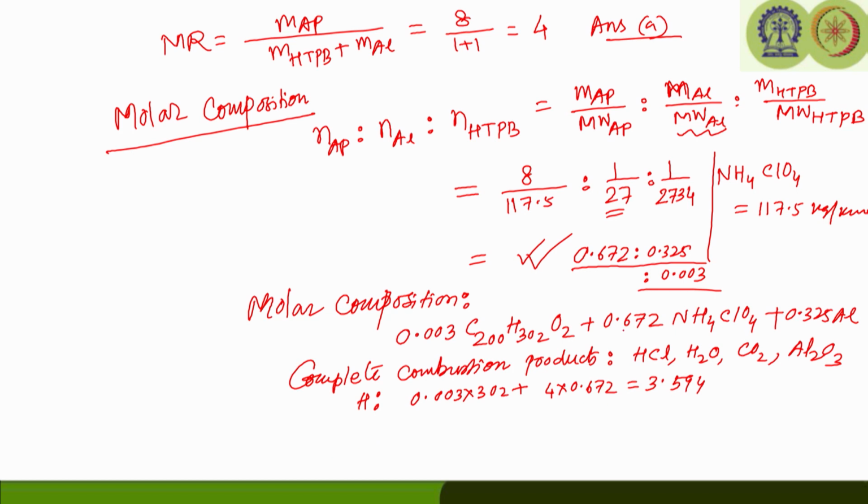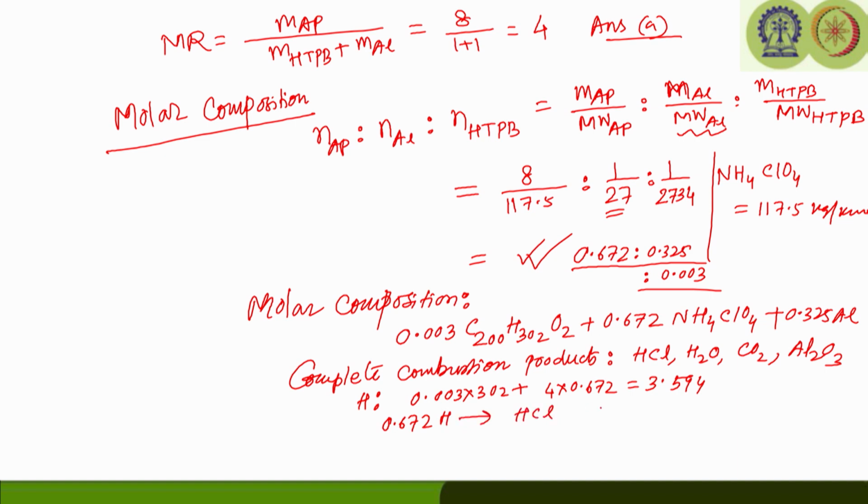Now, out of this 0.672 will be oxidized to form HCl, because you remember there is 0.672 chlorine atom is there. So, 0.672 hydrogen will actually become HCl.